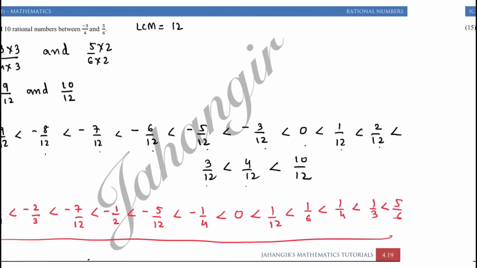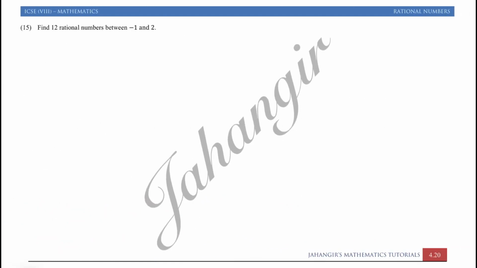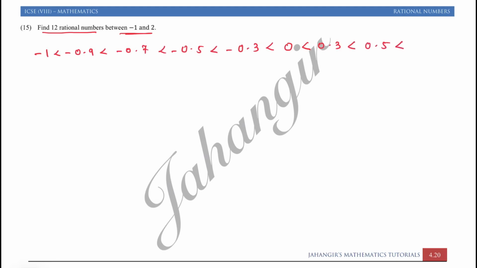Now next question. It's the last question of this exercise. Find 12 rational numbers between -1 and 2. So you can write -1, -0.9, -0.7, -0.5, -0.3, 0, then 0.3, 0.5, 0.7, 0.9, 1.1.